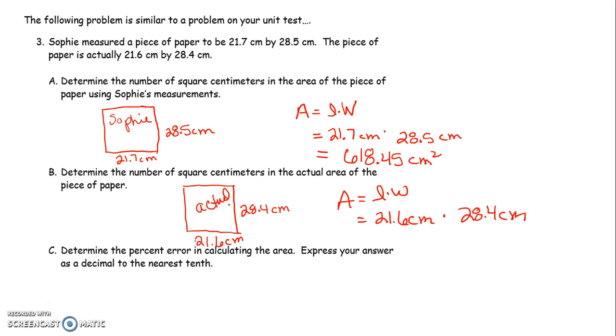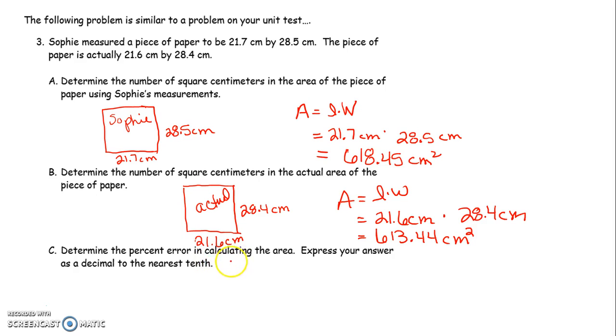Let's see what that would be. 21.6 times 28.4 is 613.44 square centimeters. Cubic would be three-dimensional. It's just how many squares fill up the figure. So it's about 5 off. I don't know if that's a big deal or not.